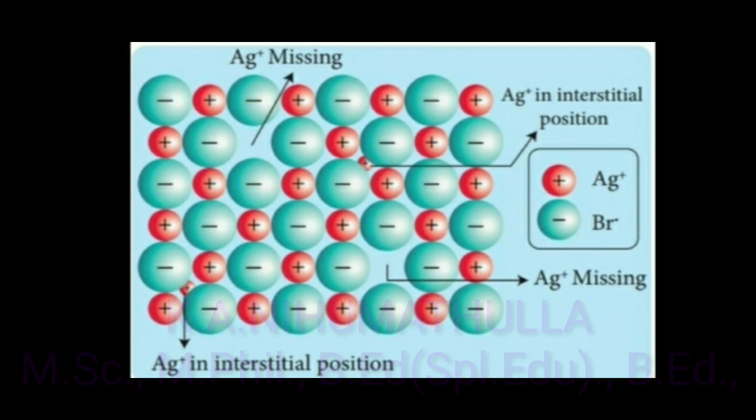A very small hole or void present between the negative ions is called the interstitial position. This defect, the Frenkel defect, is shown by ionic solids in which cation and anion differ in size.